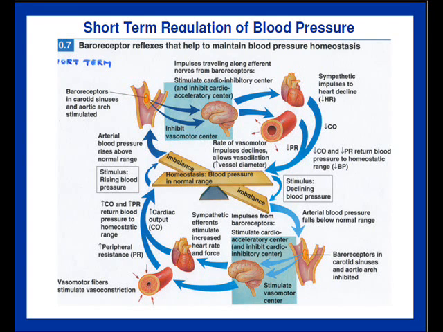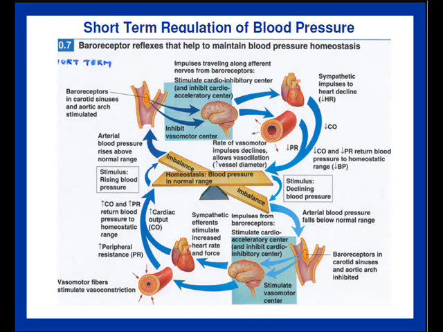And also, the impulses going to the blood vessels. The rate of vasomotor impulses declines, allowing vasodilation. The amount of sympathetic drive is decreased. So peripheral resistance is going to be less because you've got the vasodilation. So in essence, what you're going to have is a decrease in heart rate, which is going to lead to a decrease in cardiac output, a decrease in total peripheral resistance, right?